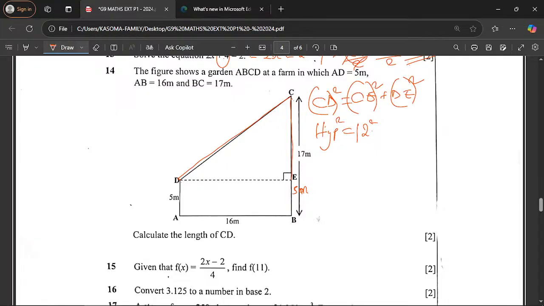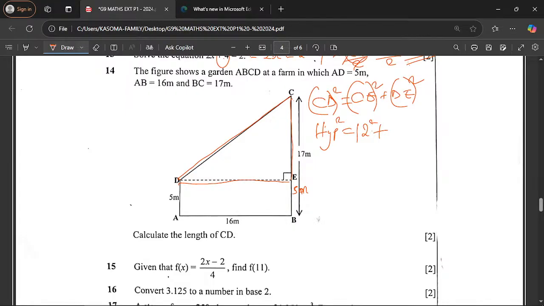Okay, I'm going to forget about meters a bit. Let's ignore the unit signs and just concentrate on the numbers. So we have 12 squared, plus DE. DE is this length. What is the size of that length?